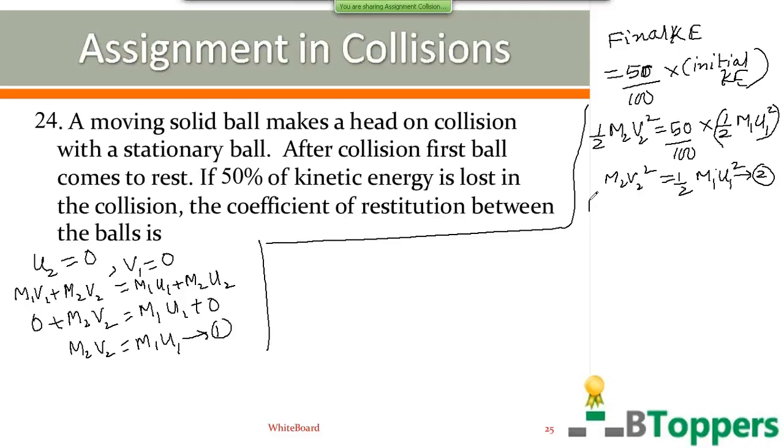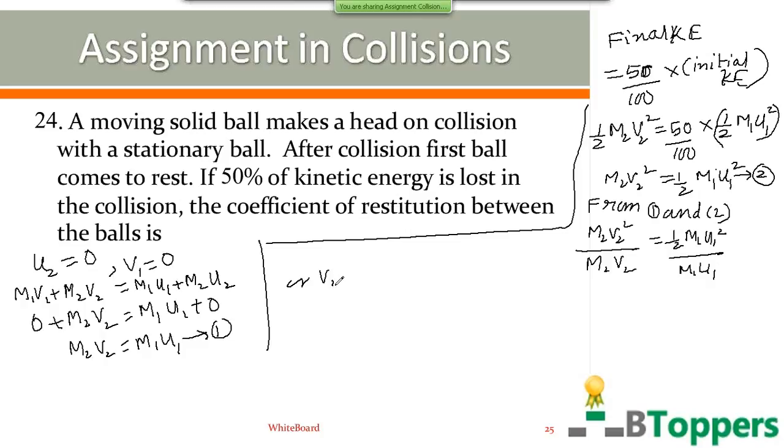To find the coefficient of restitution, we must know v1 and v2 in terms of u1. So from the first and second equations, if you divide the second equation by the first, m2 v2 square divided by m2 v2 is equal to half m1 u1 square divided by m1 u1.